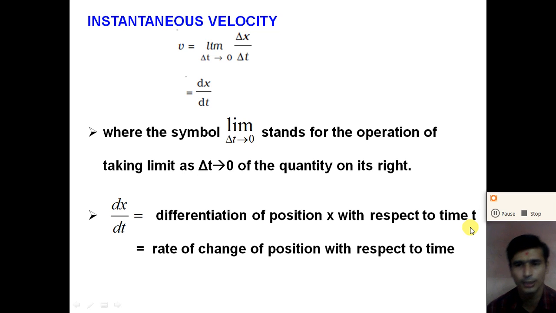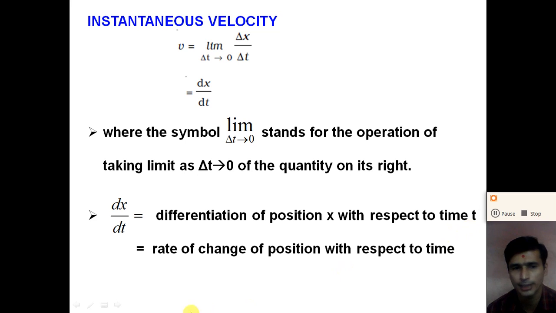So dear student, if you don't know the derivation or differentiation of any physical quantity with respect to another physical quantity, see the previous video of chapter number 0, topic number 5, lecture number 5 regarding differentiation. That is, what we mean by differentiation, what the rules of differentiation are, and how we take a differentiation of any physical quantity with respect to another.